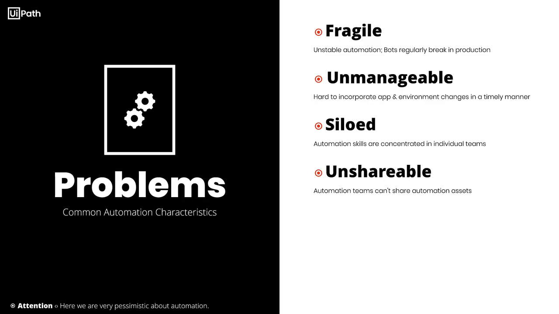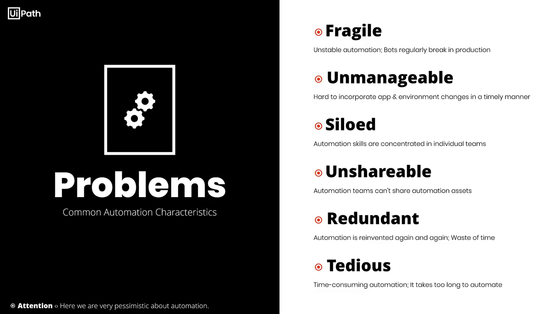Now, this leads to the fact that automation within an organization is often reinvented again and again. And this leads to two problems. First, automation is created redundantly, which is simply a waste of time. Secondly, automation becomes a tedious task. It becomes a time-consuming activity because it's simply hard to write production-grade automation. Now, these are the main problems we see out there.